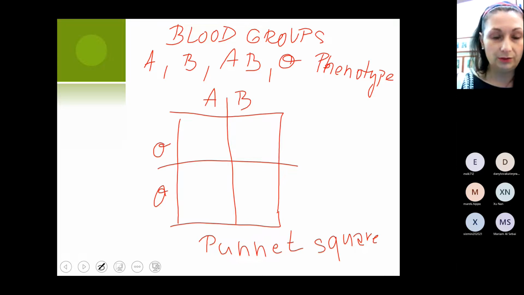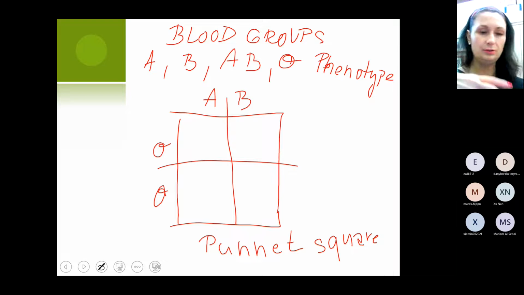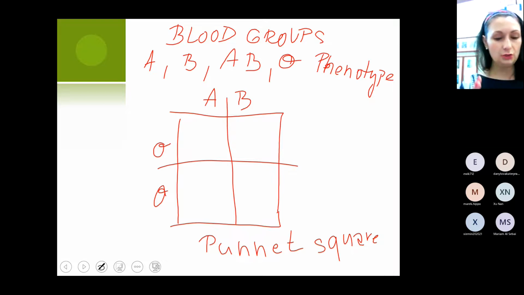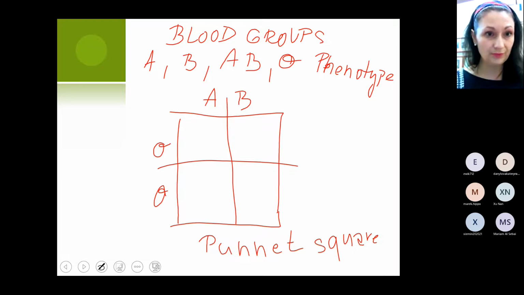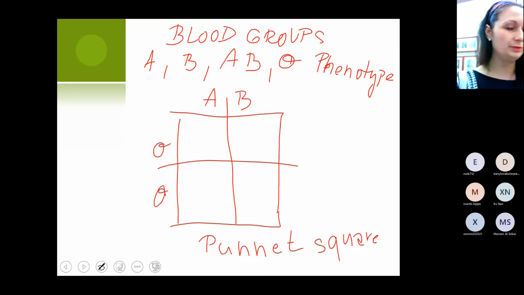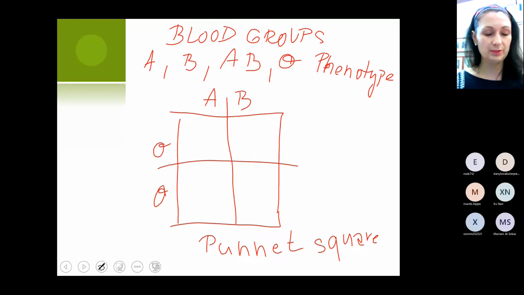Normally a somatic cell has two sets of chromosomes. However, during meiosis, which we are going to discuss next time after Christmas, sperms and eggs are produced as haploid cells, with only one set of chromosomes.